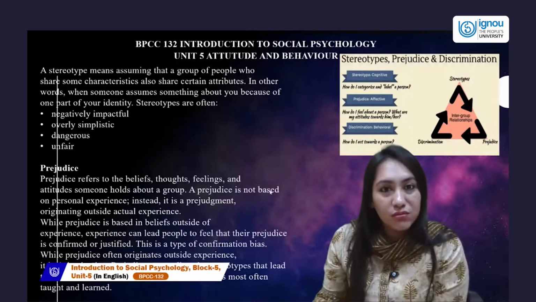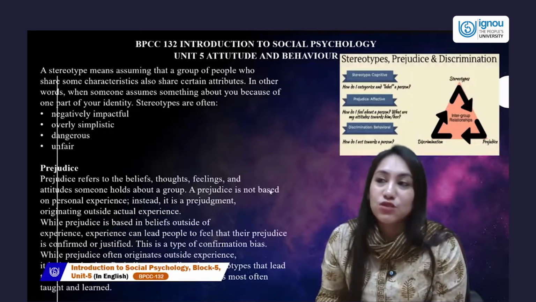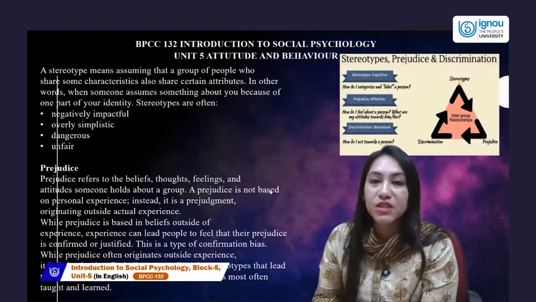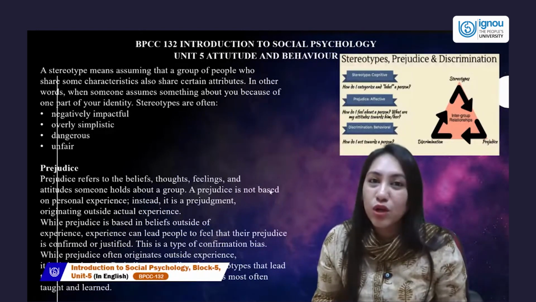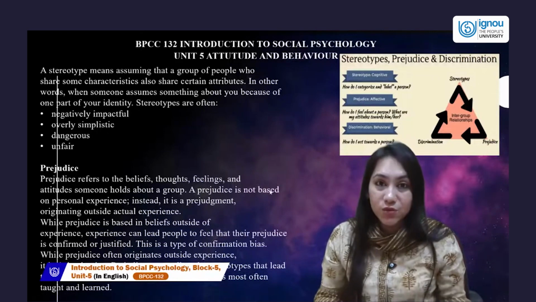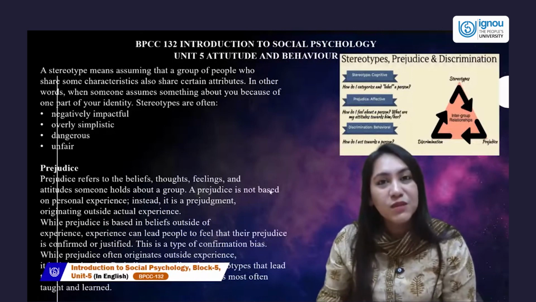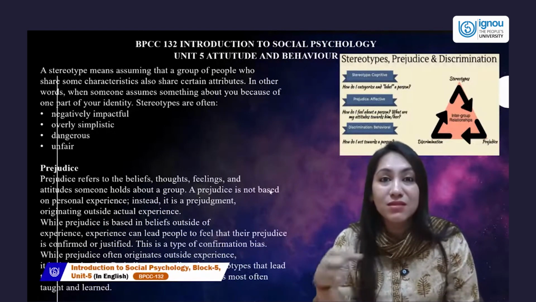We assume and we think about it. The prejudgments we end up making originate from something that we see outside them. We see this group not communicating with other people, not sharing contacts or other things with other people. So that strengthens our thought.